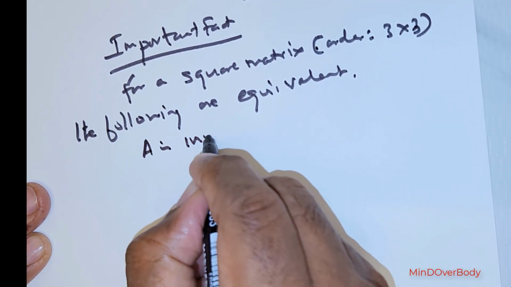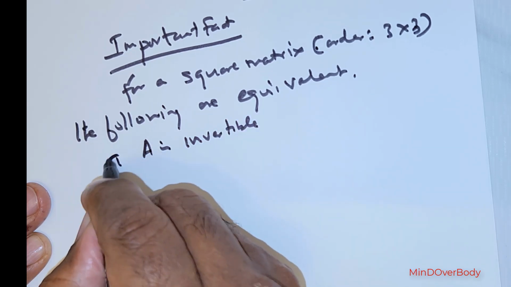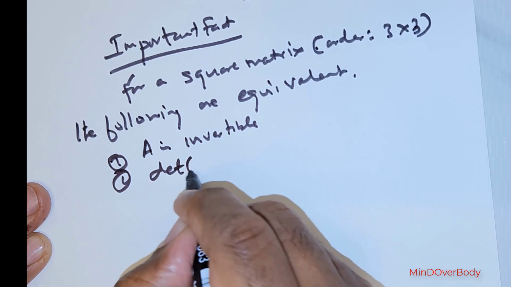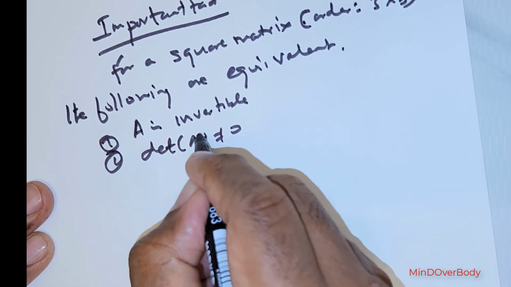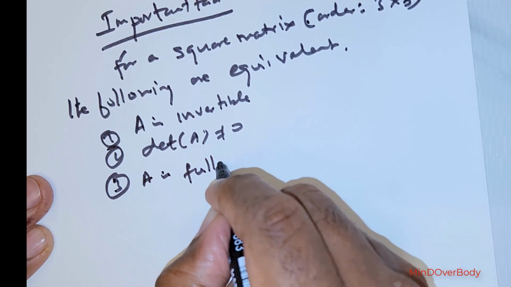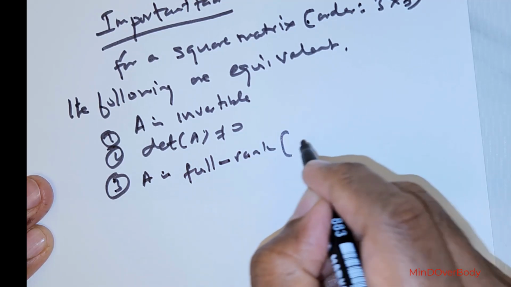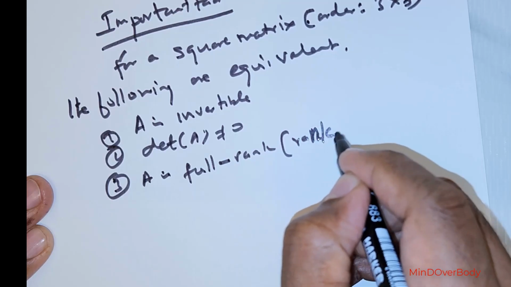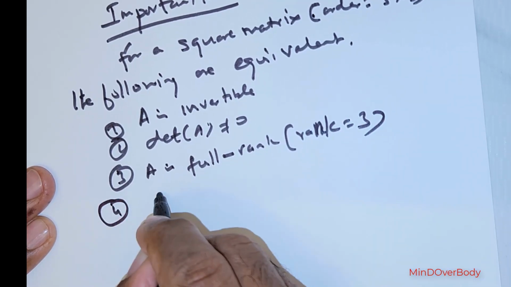A is invertible. Determinant of A not equal to 0. A is full rank, the rank here is equal to 3.